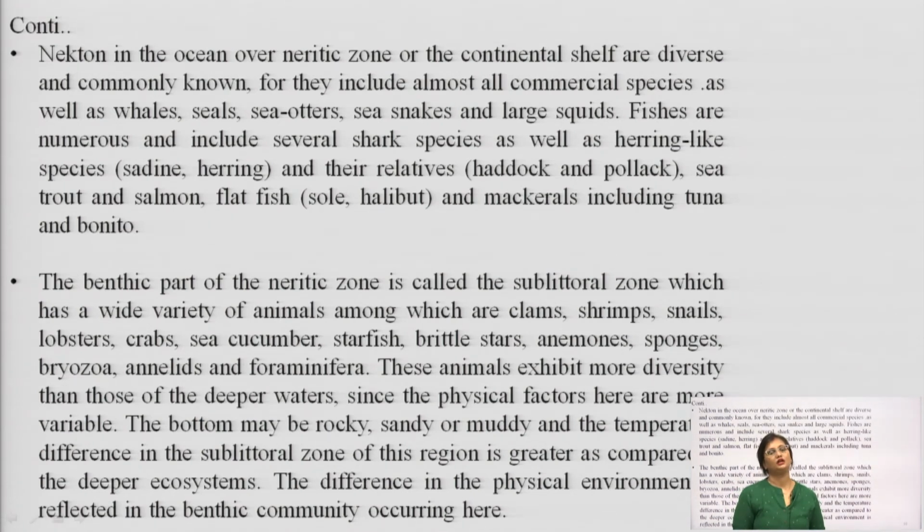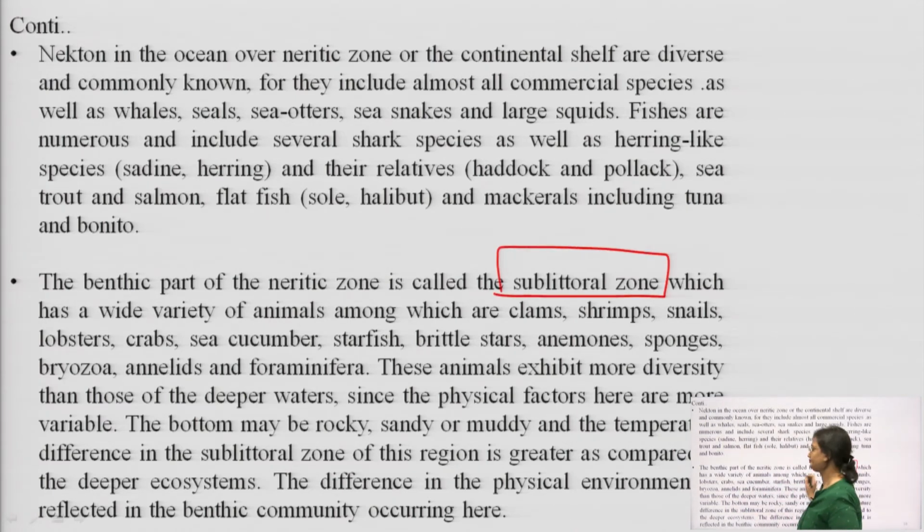The benthic part of the Neritic zone is called the sublittoral zone. It has a wide variety of animals, some of which are clams, shrimps, snails, lobsters, crabs, sea cucumbers, starfishes, brittle stars, anemones, sponges, bryozoa, annelids and foraminiferans.